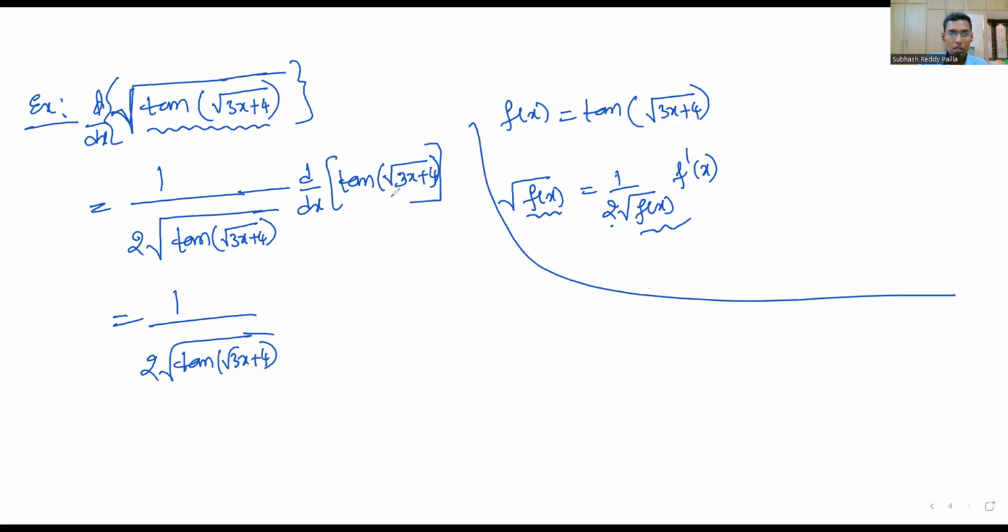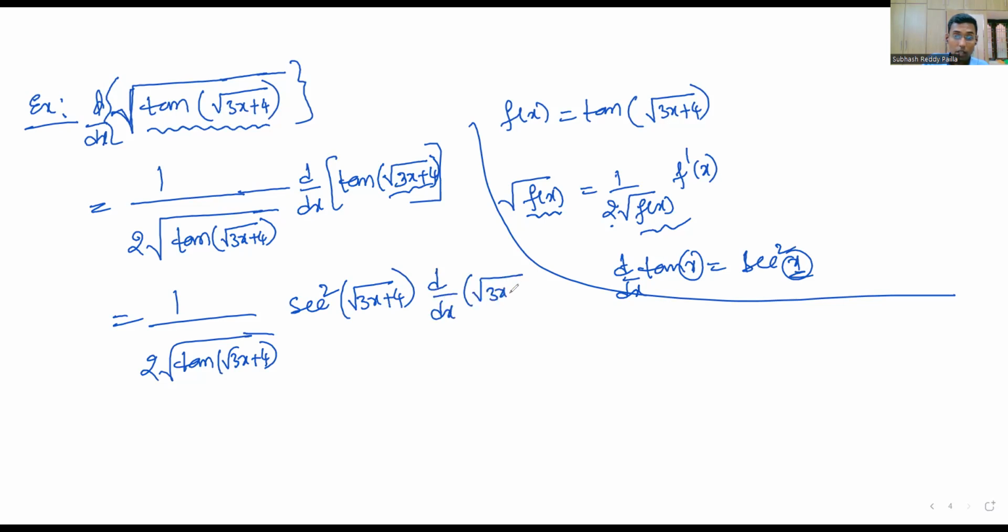This is f of x again. Now the differentiation of tan x, d by dx of tan x, is secant square x. Now in the place of x you have to write f of x. So that is secant square root 3x plus 4 into, in the place of x, f of x. Now for that again differentiation. This is chain rule, understand? Here 3 functions are there, not 2 functions.